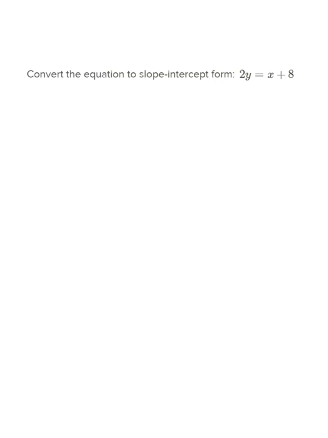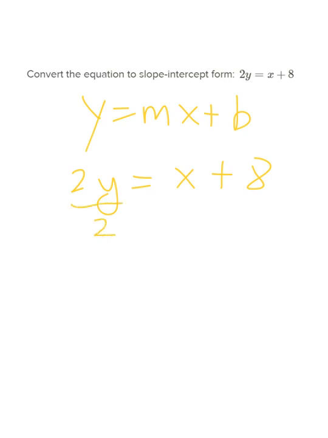Here's another one. Write this equation in slope-intercept form. Y equals mx plus b. The equation is 2y equals x plus 8. This is going to be done in one step. All we have to do is divide everything by 2. Look at that.